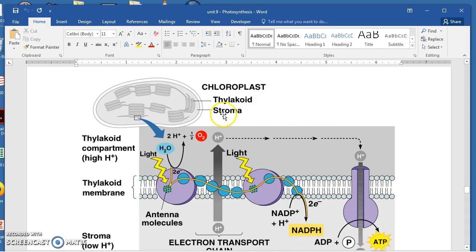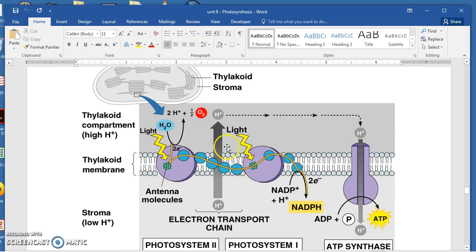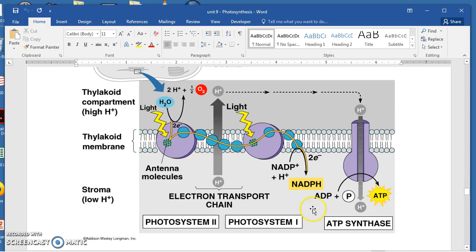What's being shown across the thylakoid membrane, similar to a plasma membrane, is the chemiosmosis that's occurring, and NADPH is being formed, as well as ATP. Different processes, both are chemiosmotic events, but NADPH is formed here and ATP is formed over here.